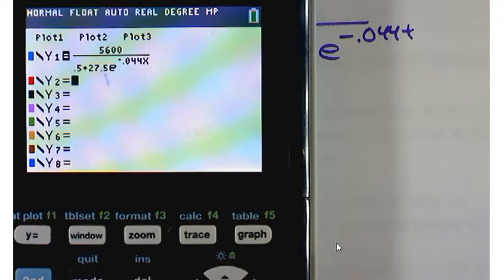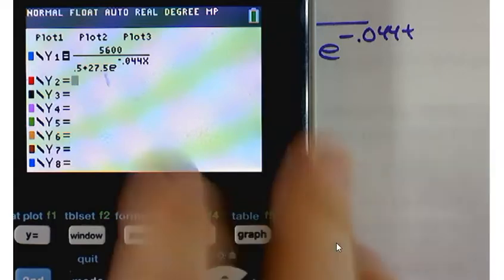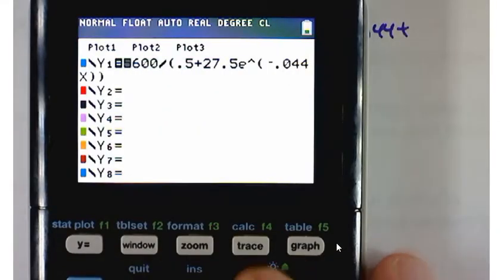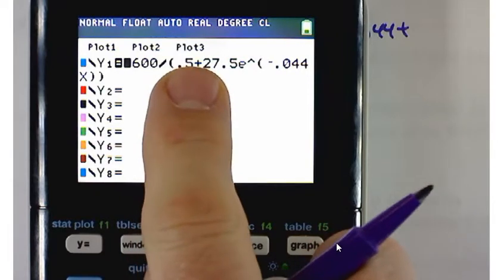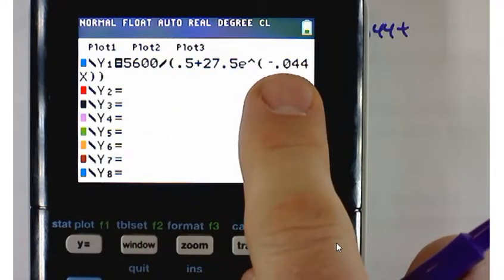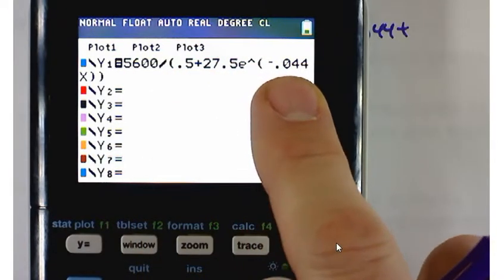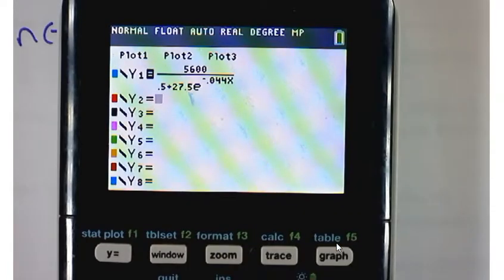Now, if you don't have capabilities to do that, or you just forget where that is, you can put it in, but it's going to require a lot of parentheses. It's going to require a parenthesis around the entire denominator, parentheses here for the exponent. It becomes kind of a pain. So everyone got that programmed in?